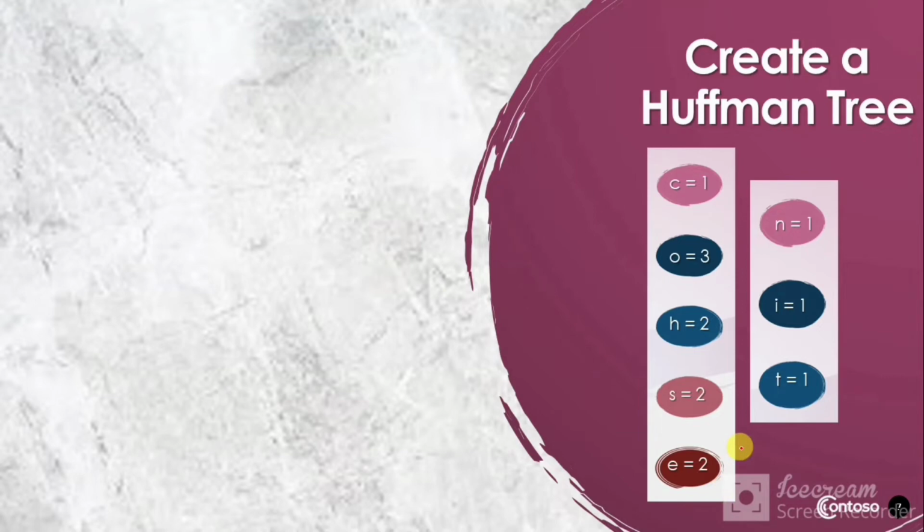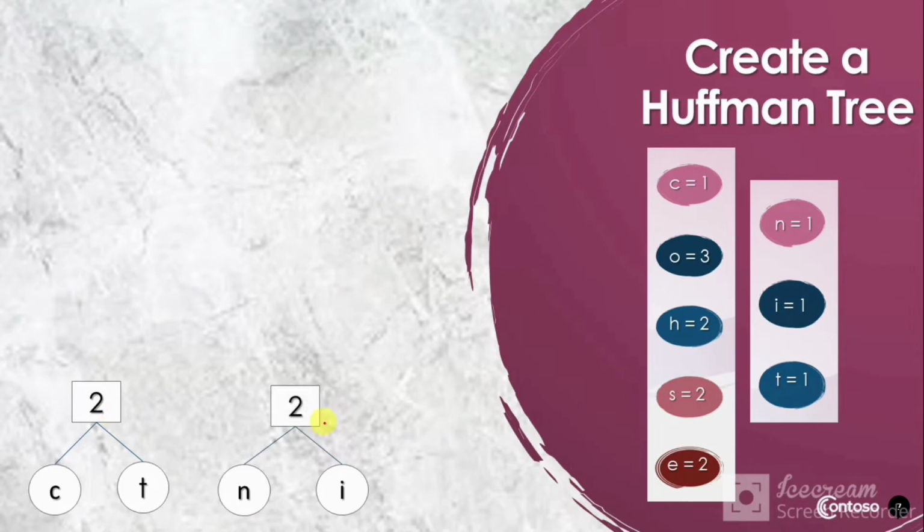Here we can see that the minimum letters are T, C, N, and I, each having a frequency of 1. We'll write them, and then add them together. This will become 2, and here again it will become 2, and then we'll add them again, and it will result in 4, and we will remove the used frequencies from the queue.